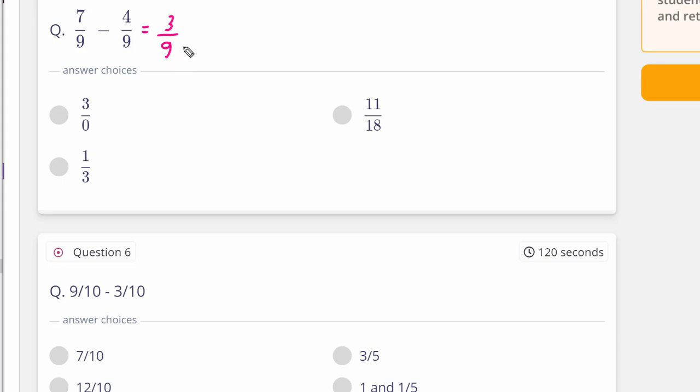You can find an equivalent fraction. Use division, since you can divide by the common factor.